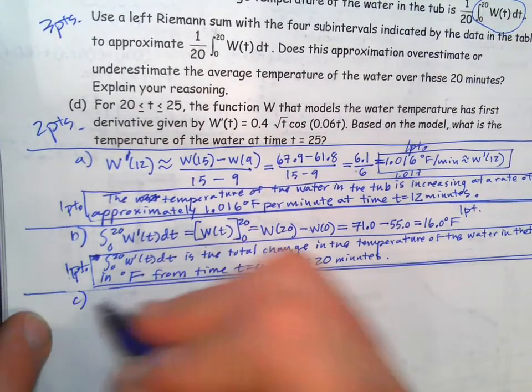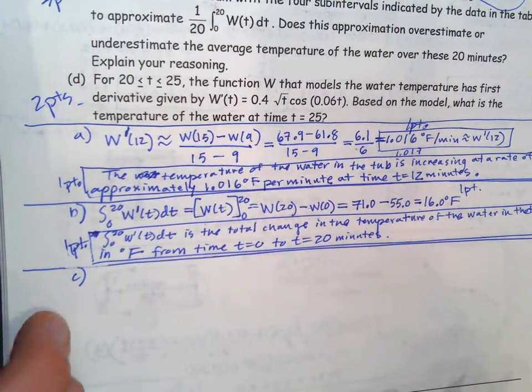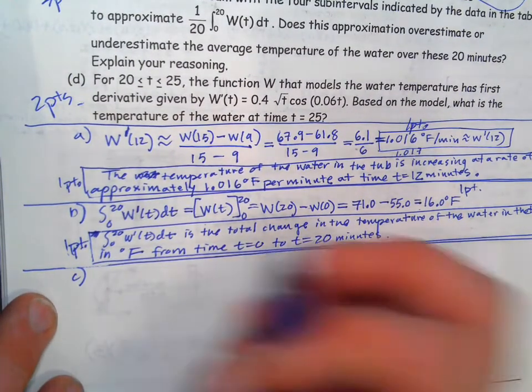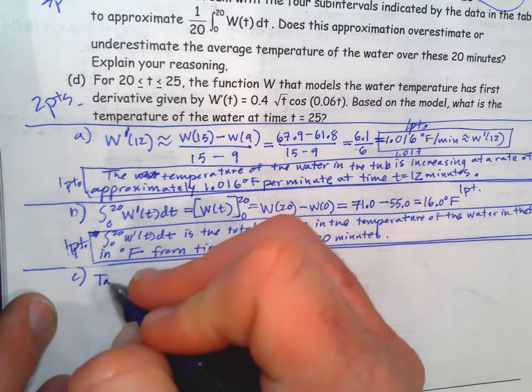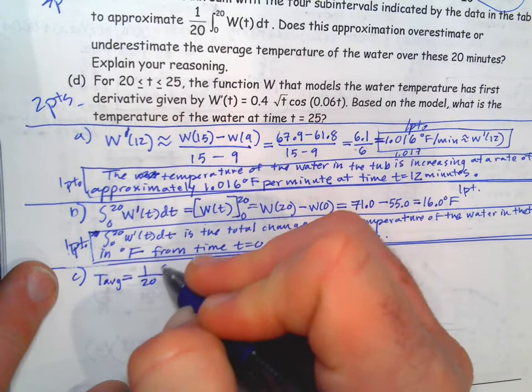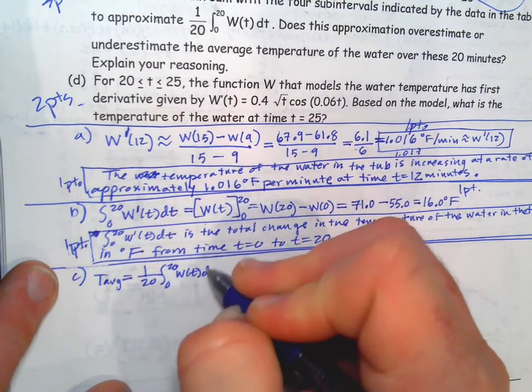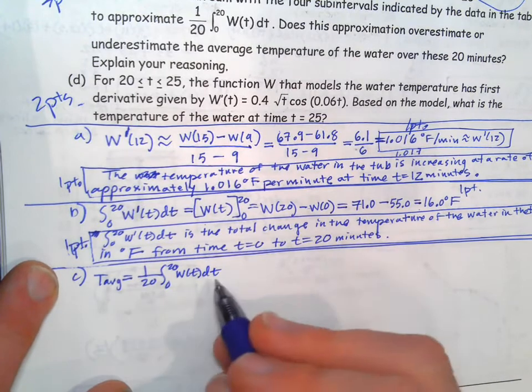Okay, C says from 0 to 20, the average temperature of the water in the tub is 1/20 times the integral. So they're just telling you this is the average temperature in the water. And by the way, this is the mean value theorem for functions, and we haven't talked about that quite yet. But we can get away with it, I think, right now without talking about it. They're just telling you, use this, okay?